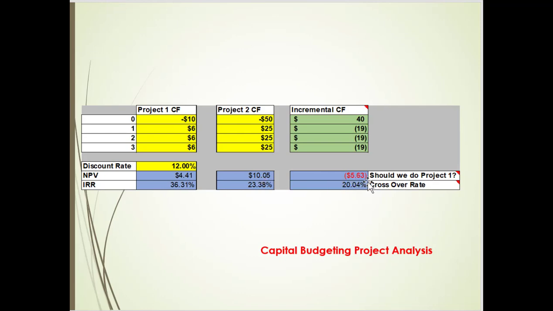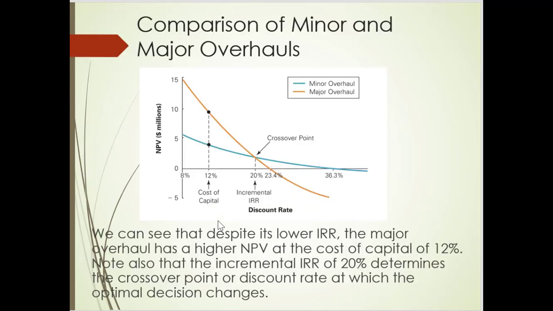If we do 1, it is providing a negative relationship. That is, we wouldn't want to do it. The crossover rate, which is the rate at which the two projects would be equal, in this case is 20.0%, right? So this incremental return calculation gives us an answer as to which project is better.